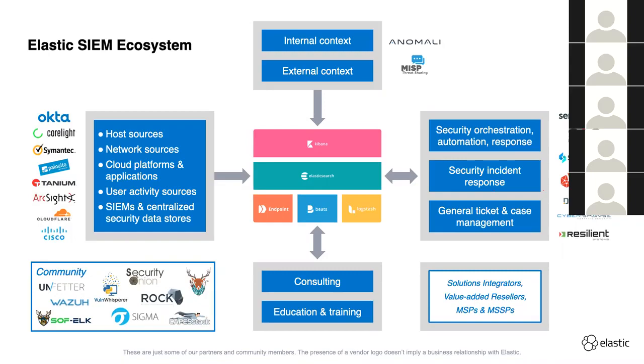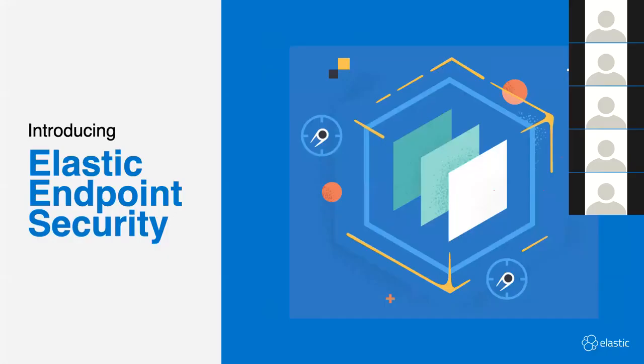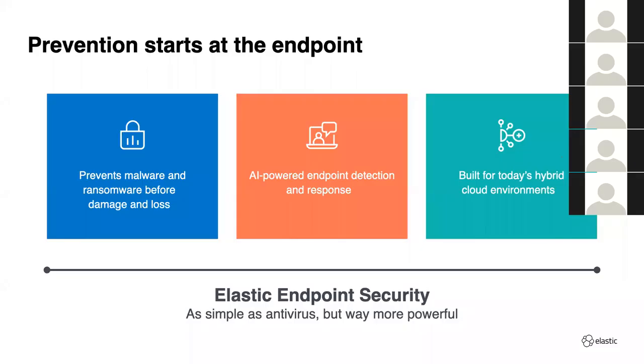Let's start with a look at Elastic Endpoint Security and what it's bringing to the party. As I mentioned before, before it was Elastic Endpoint Security, it was Endgame, a company that joined Elastic last year.